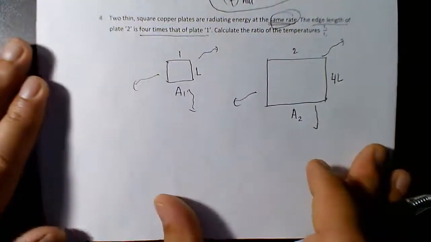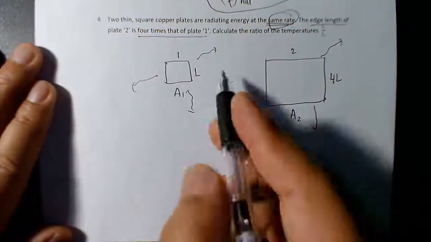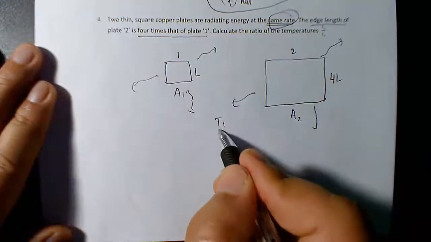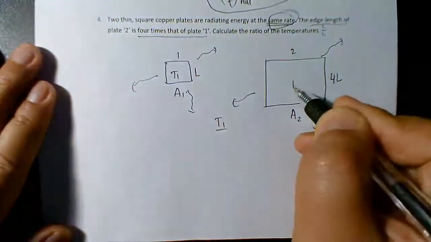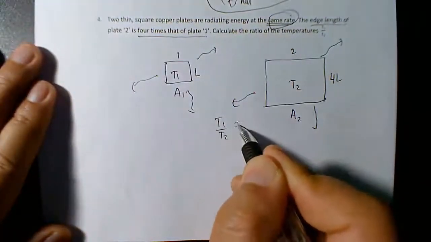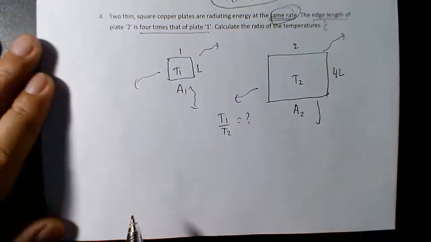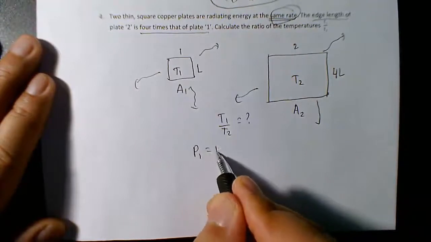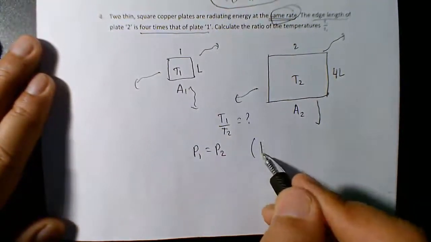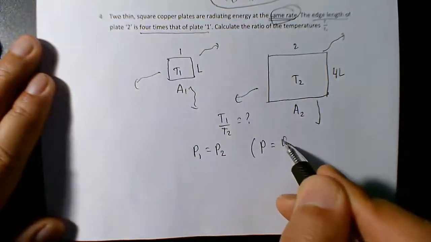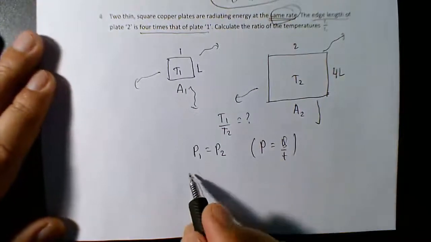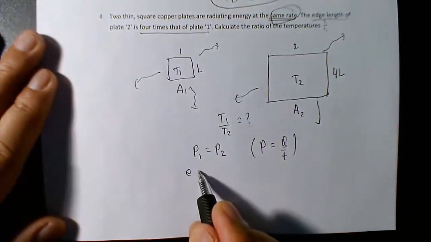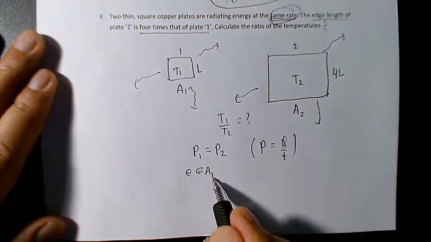Then calculate the ratio of the temperatures. So this is at temperature T1, this is at temperature T2. What is the ratio of the temperatures? Since they are radiating at the same rate, the power of emission, power is just Q over t, is E sigma A1 T1^4 on one side, and E sigma A2 T2^4 on the other side.